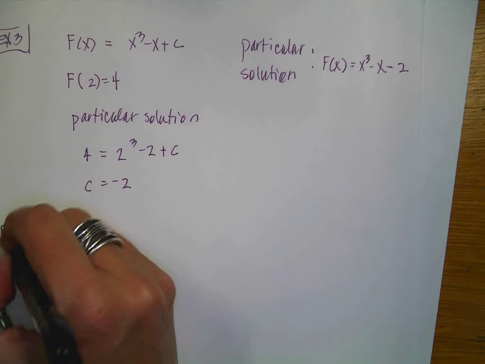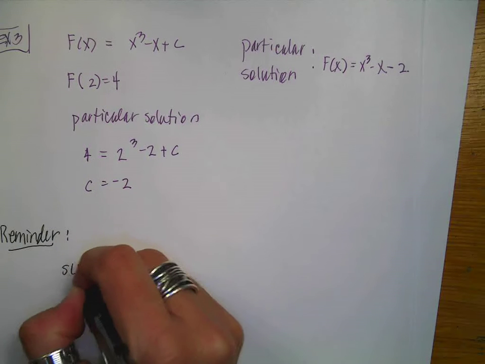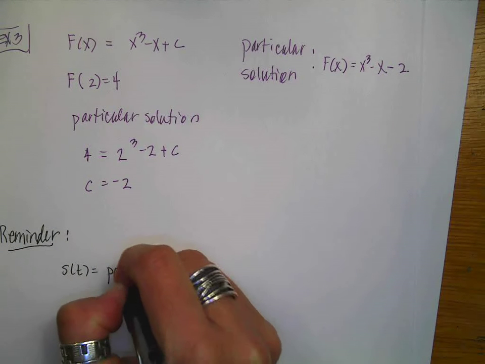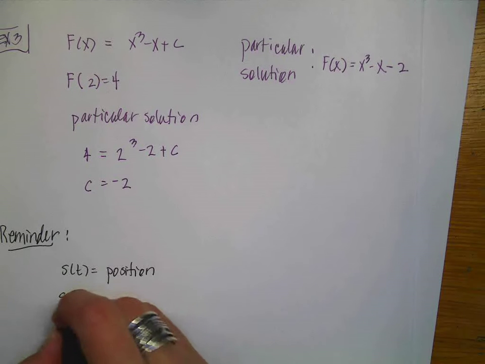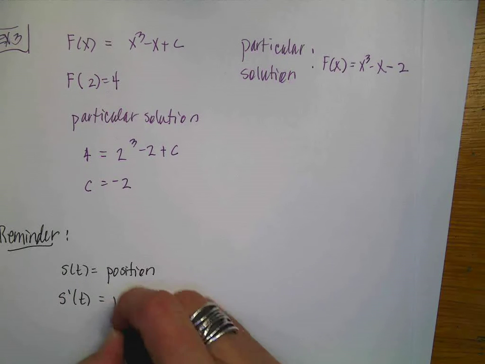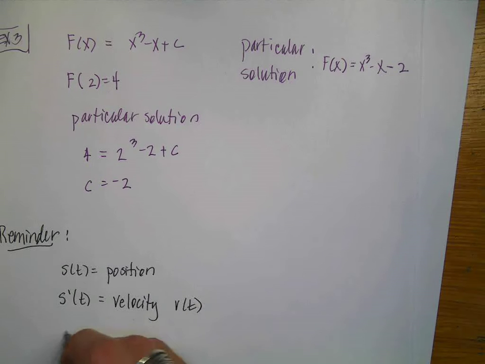So just as a reminder, so we don't forget the details: if I have s of t, this is equal to position, or some function that would be position. The derivative of position is velocity, and that would be v of t.